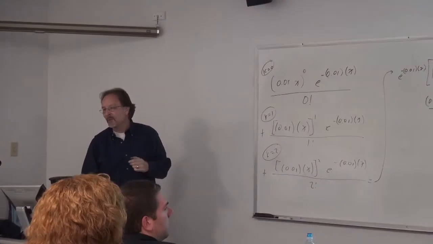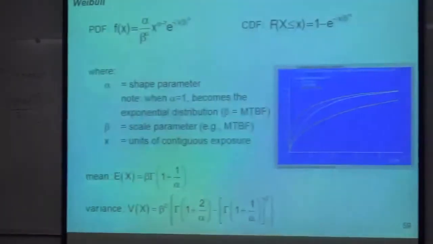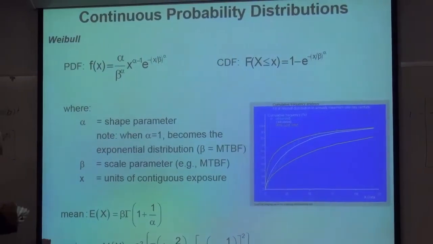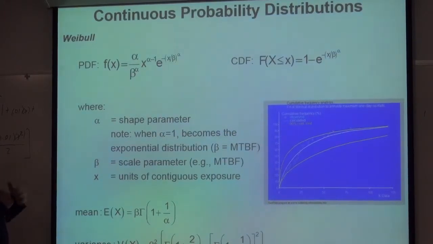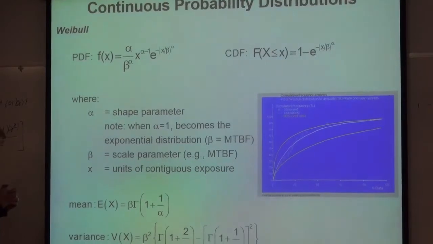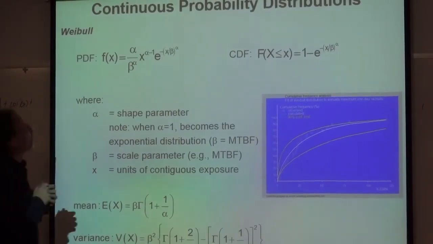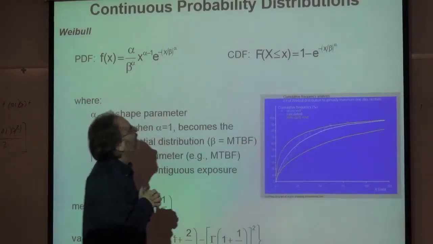And we have one more distribution, so let's just plow right through that, and then we'll talk about all the problems next week and review these. This is the Weibull distribution. Look at the CDF, because again, CDF is what we're interested in.